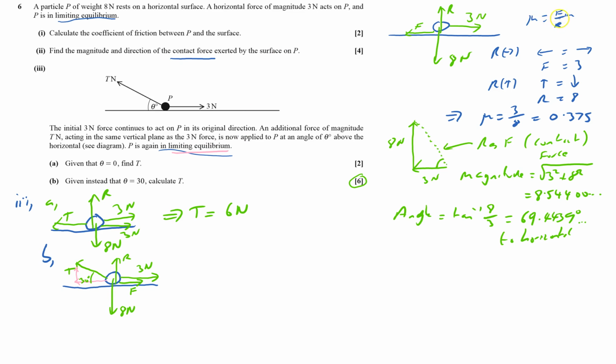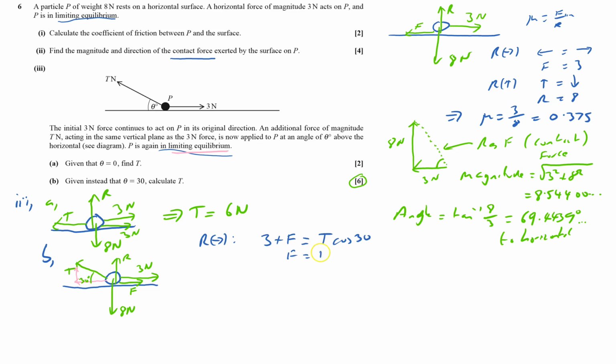So I've got to use this formula up here. I'm going to work out what F is first. So I'm going to resolve that way, and that will give me 3 plus F, nothing else going to the right, so that will equal this part of T, which will be T cos 30.